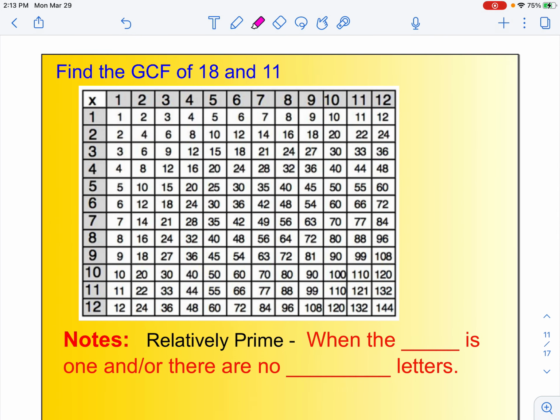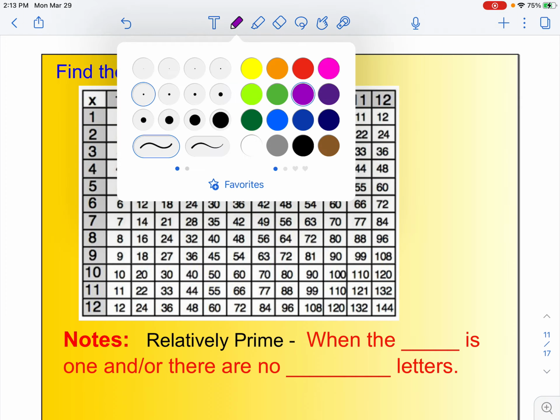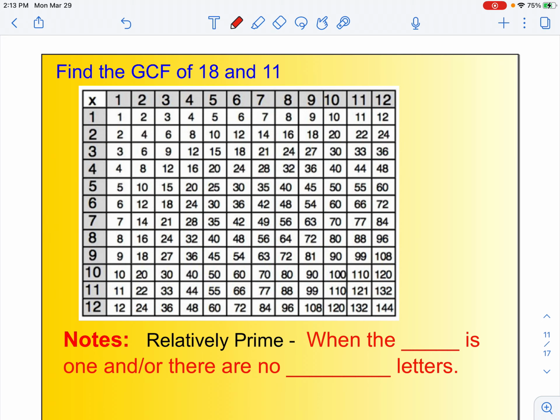All right, so sometimes what happens, and I'll show you on this chart, is that when you circle all of your numbers, they don't line up. So if I circle any places where I have 11 and I have 18, and let's see, here's an 18, and here's an 18.